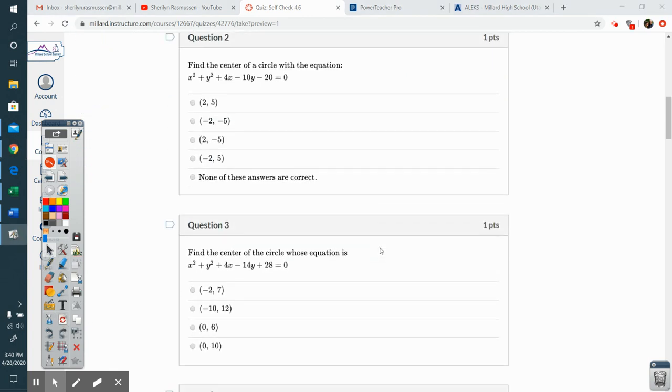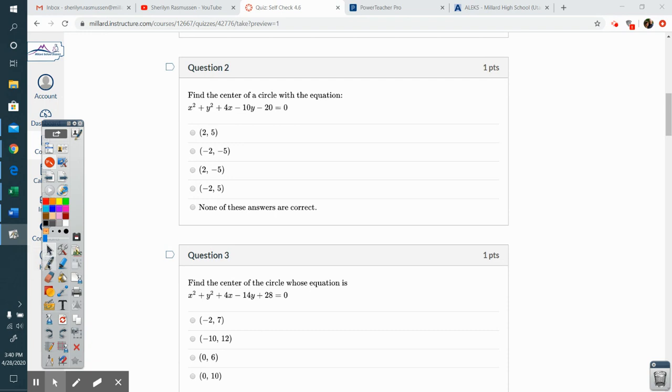So here we go. The next one, we will do the exact same thing, and we'll walk you through it. So you put the x values together, the y values together, the number on the other side of the equal sign. So your x values here are x squared and 4x.